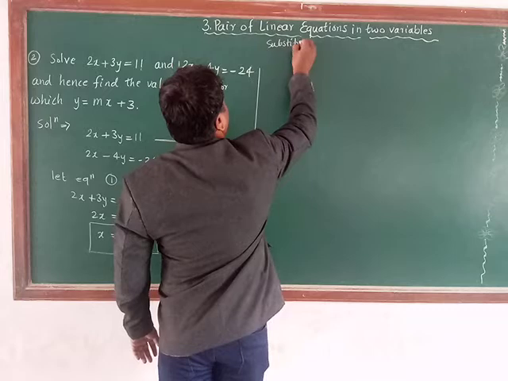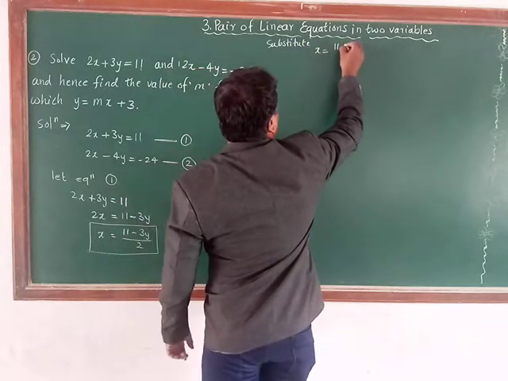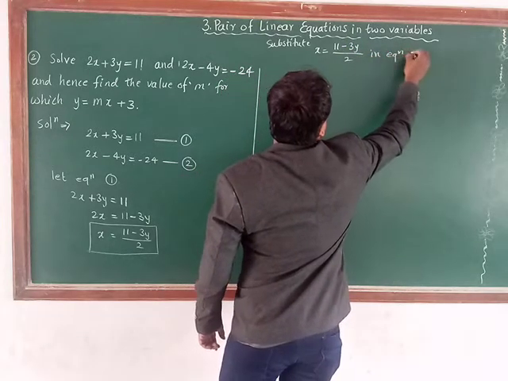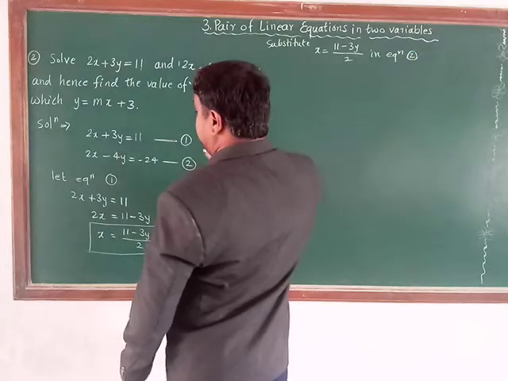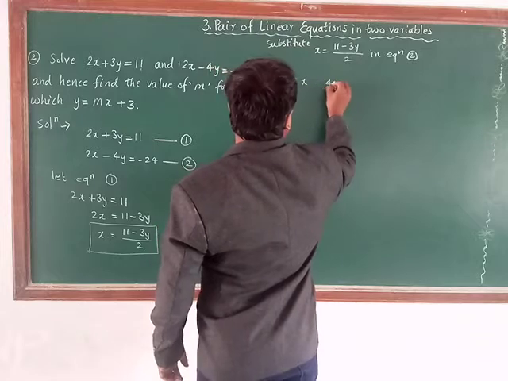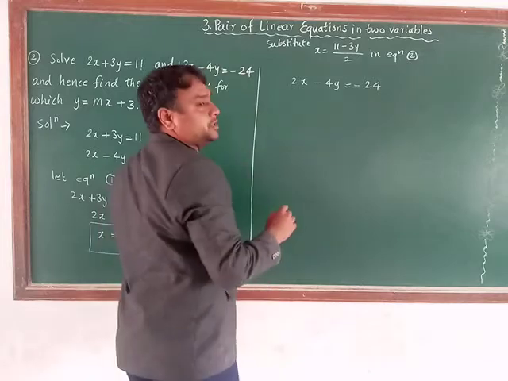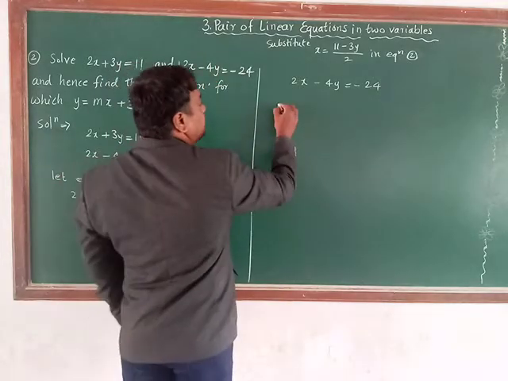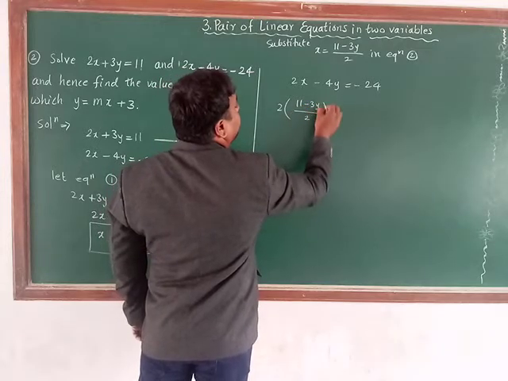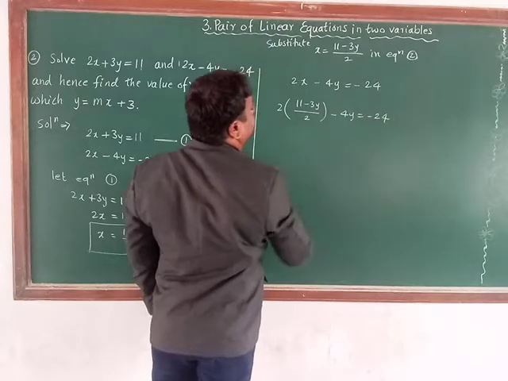Substitute x is equal to (11 minus 3y) upon 2 in equation 2, which is 2x minus 4y is equal to minus 24. So I put the value of x: 2 in the bracket (11 minus 3y) divided by 2, minus 4y is equal to minus 24.